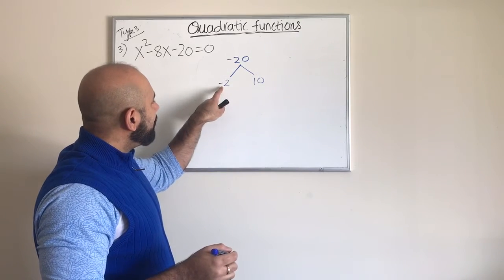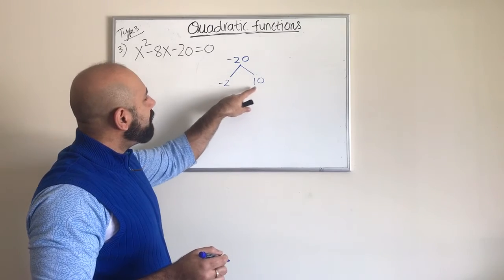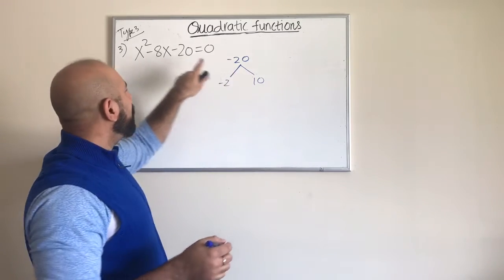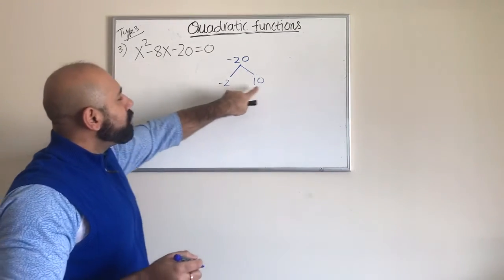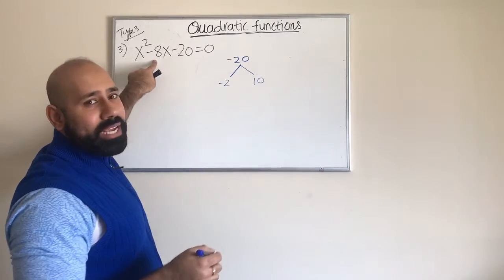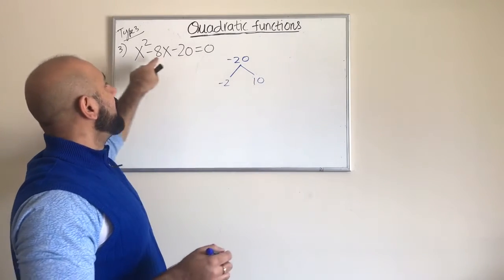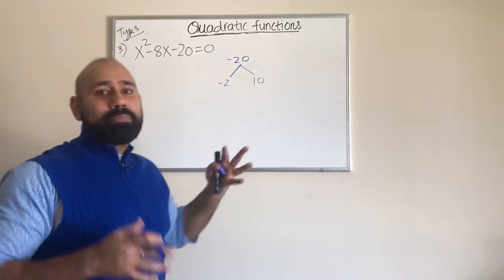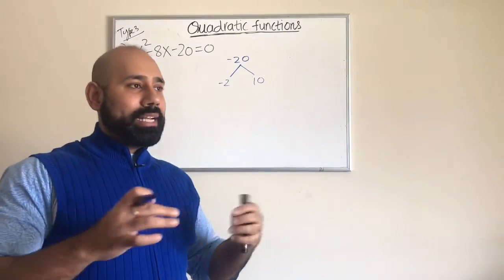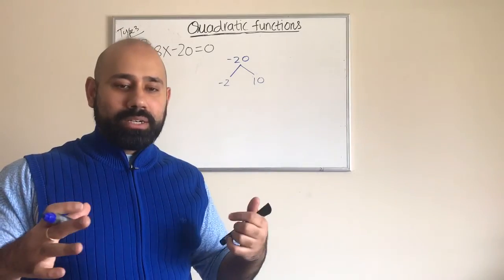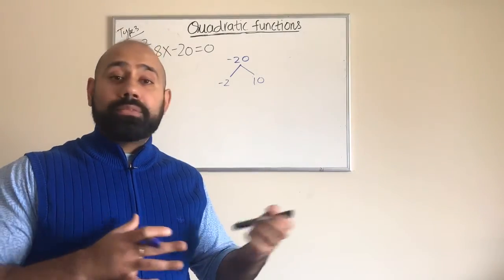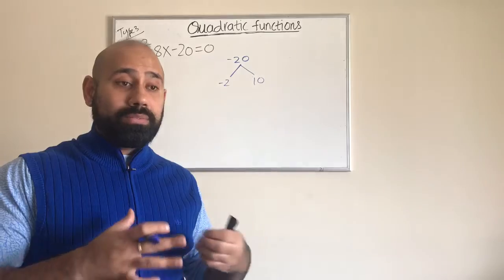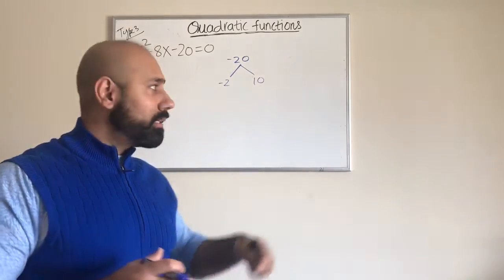So if I put a negative in front of 2, negative 2 times 10 gives me negative 20, but what do I want here? I want these two numbers to add up to negative 8. I want these two numbers to add up to the middle term, right? This is also called splitting the middle term. That's the technical word for this process of writing the factors.